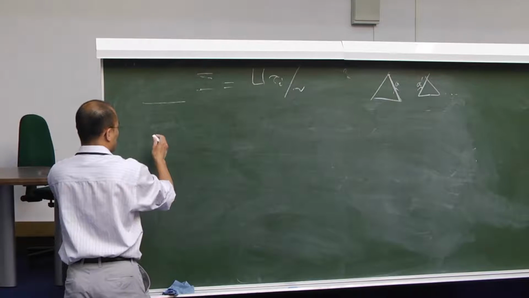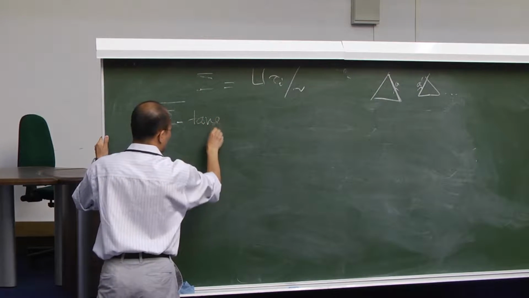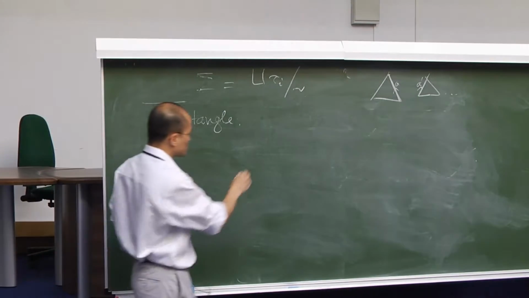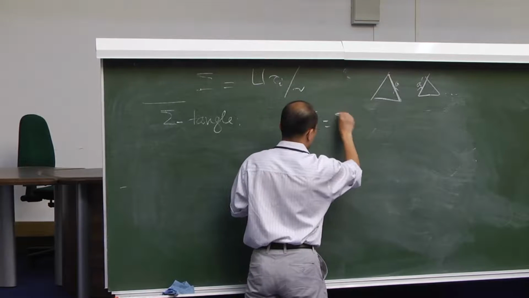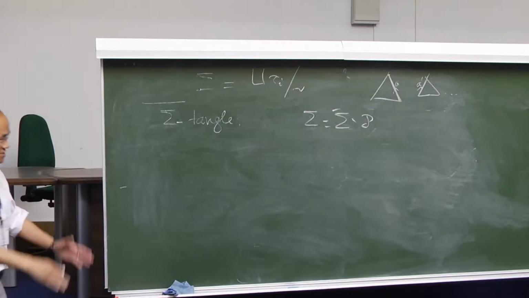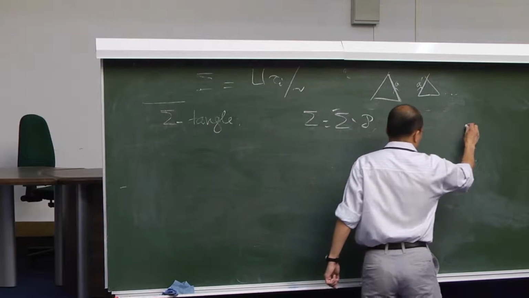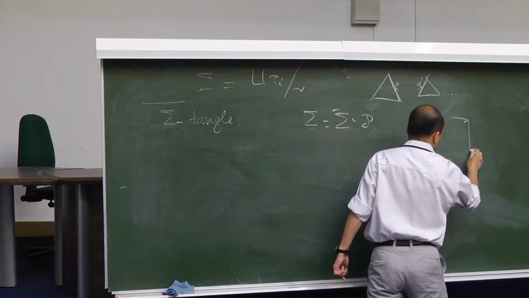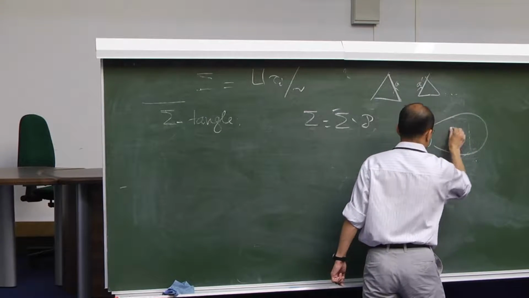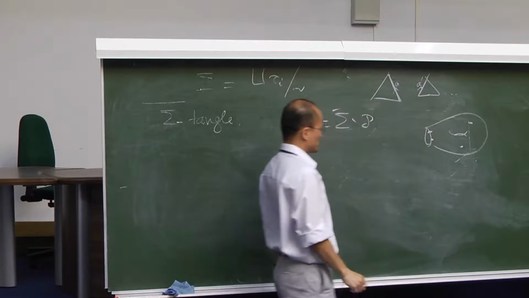So let us look at the following. I define a sigma tangle. It is the following object. So sigma here as before, so sigma here is sigma bar minus a finite number of points where each boundary component must have at least one point. Okay, so again in this picture here, I have 2 points here and 2 punctures here, for example.